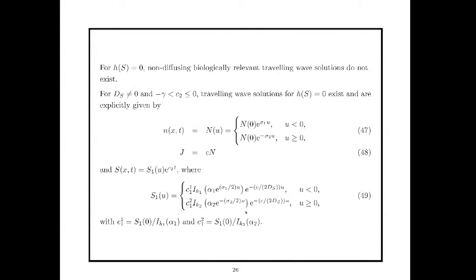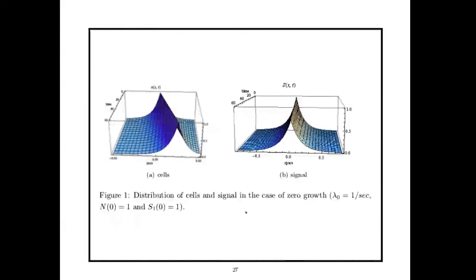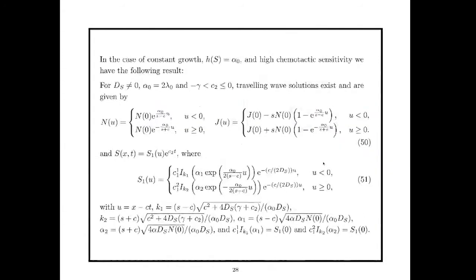And as you can see here in this particular figure, this is the distribution of the cells on the left-hand side and the signal on the right-hand side. And you can see the obvious traveling wave nature of these particular solutions here. Okay. In the case of consistent growth, where h of s is now a constant, again, you can find traveling wave solutions.